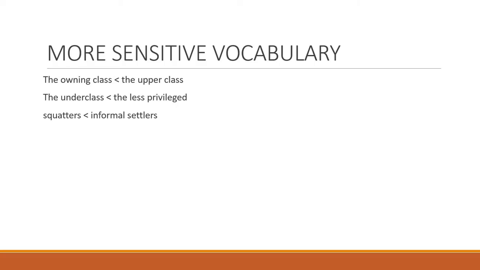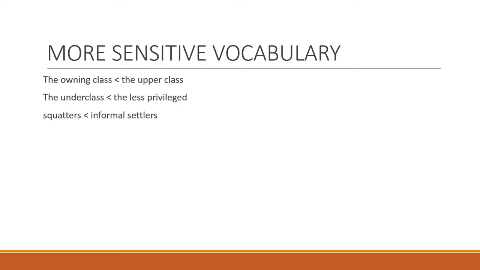And the third one is squatters. Instead of saying the owning class, you could say the upper class. And instead of saying underclass, you could say the less privileged. And instead of saying squatters, you could say informal settlers.